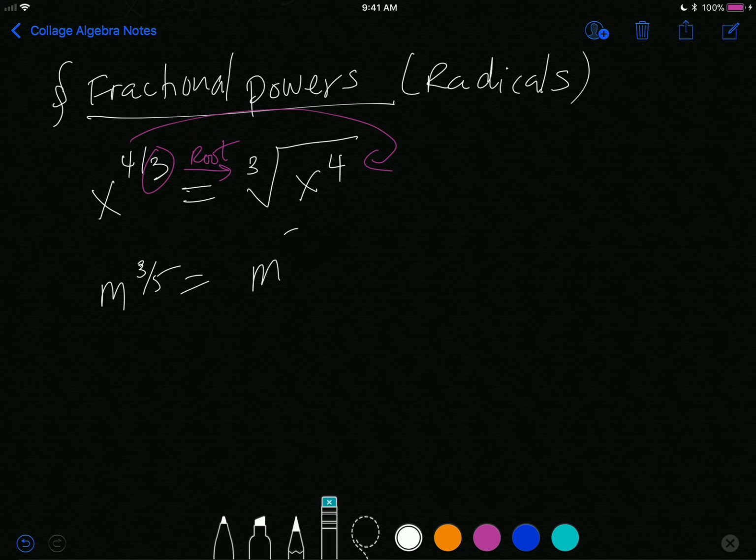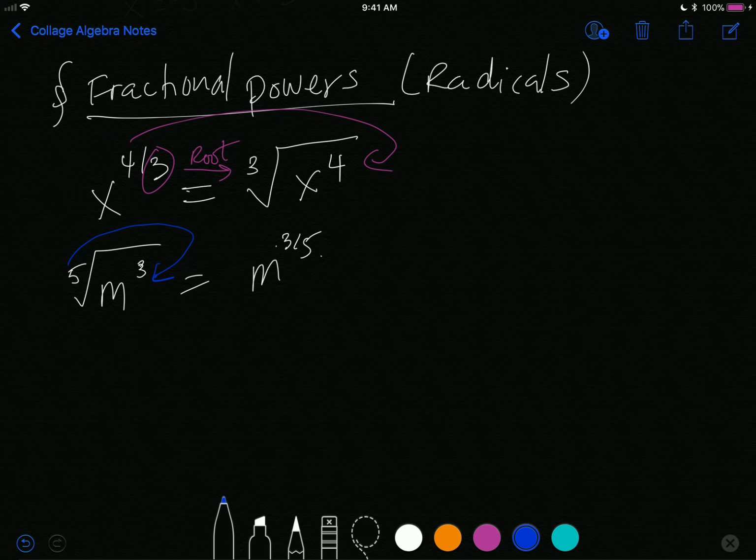So that means that this is wrong. So this goes the other way, 3/5. This should be 3 over 5. This is the power, the 5 is the root. This 5 ends up below the 3.